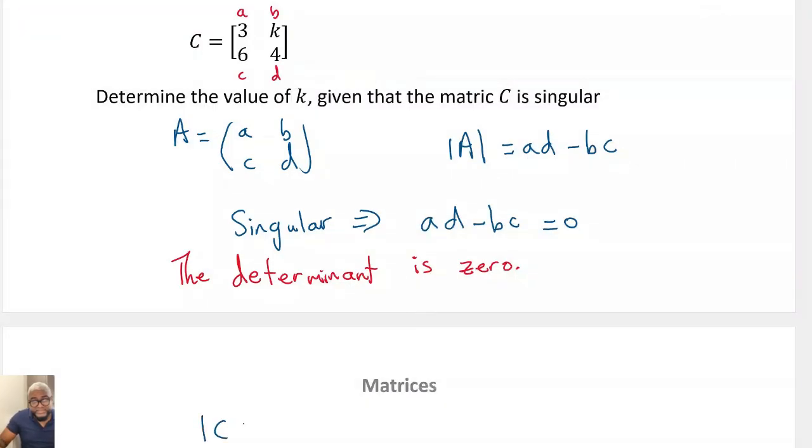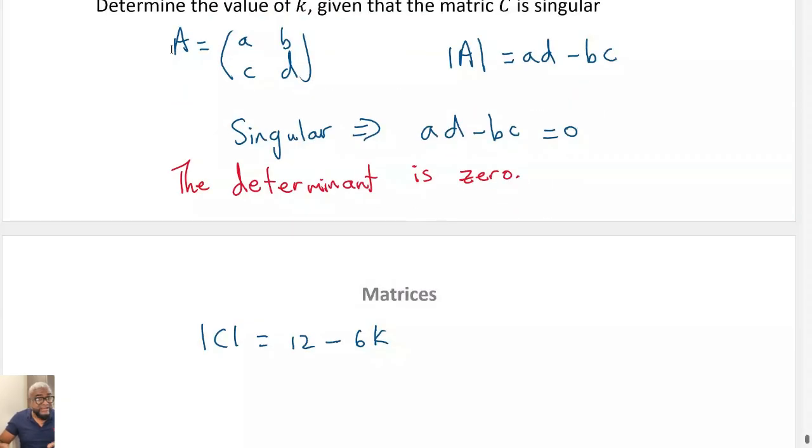The determinant of C, which is C with 2 bars, will be equal to 3 multiplied by 4. 3 fours are 12 minus 6 multiplied by K, which will be 6K, right? And since it's singular, I can put therefore 12 minus 6K is equal to 0 because it said the determinant is 0.